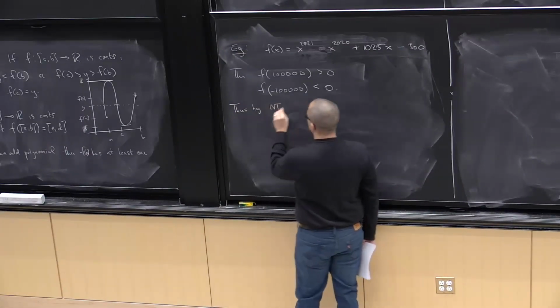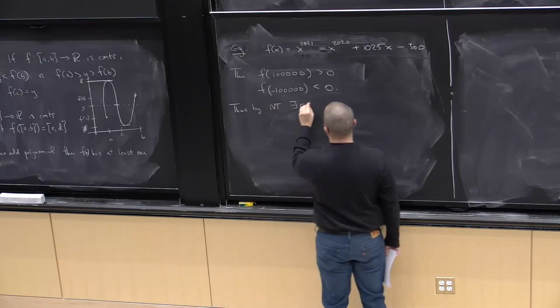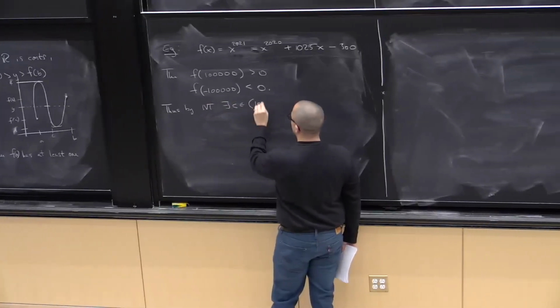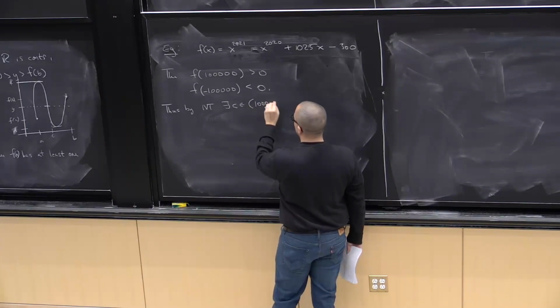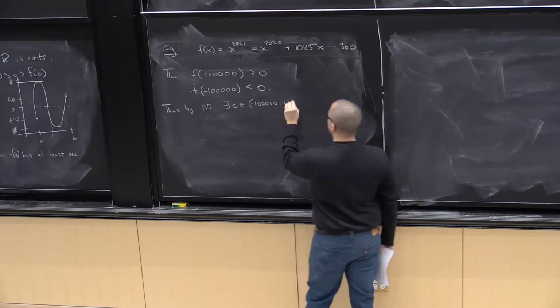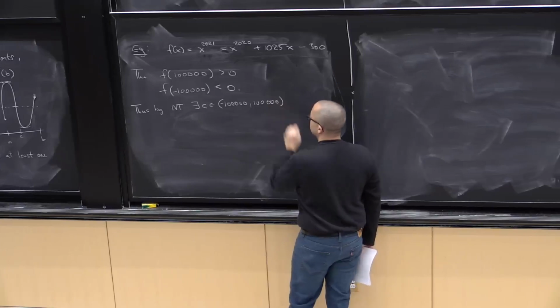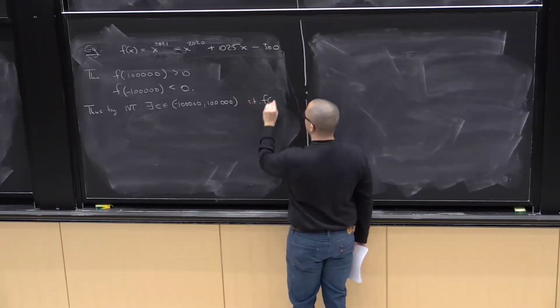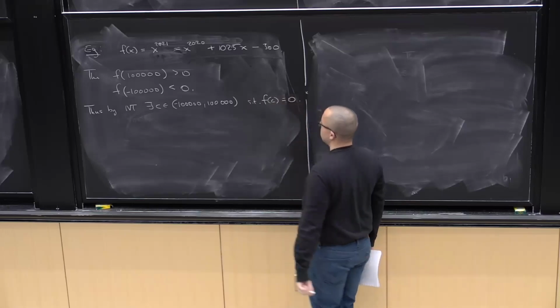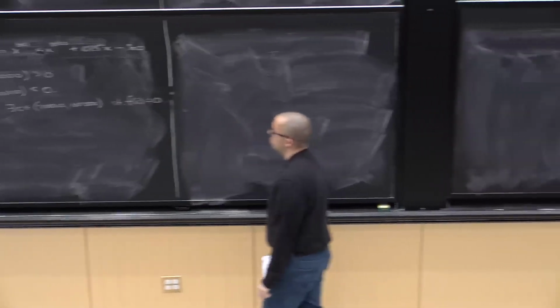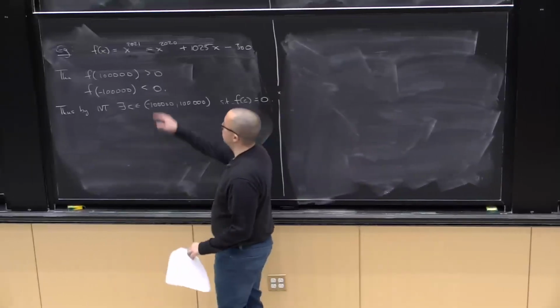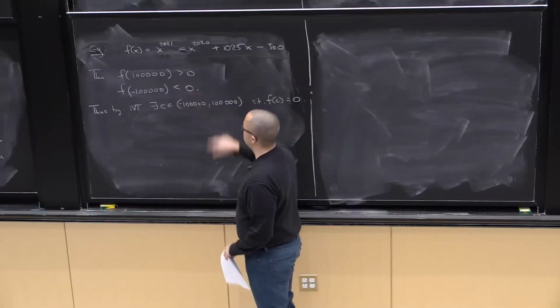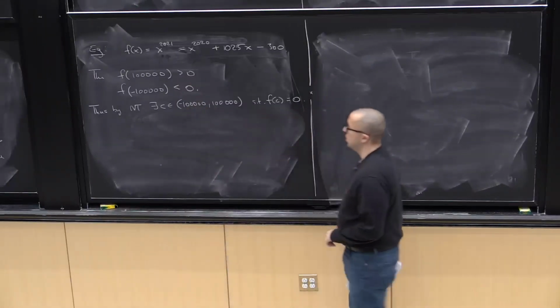Thus, by the intermediate value theorem, there exists a c in minus 100,000 to 100,000 so that f of c equals 0, right? Because 0 is something in between f evaluated at these two endpoints. All right?